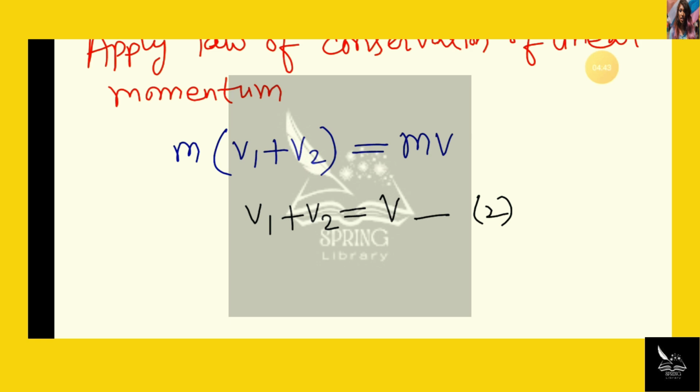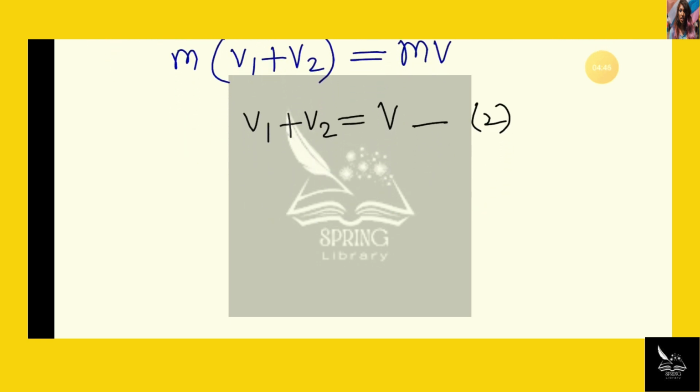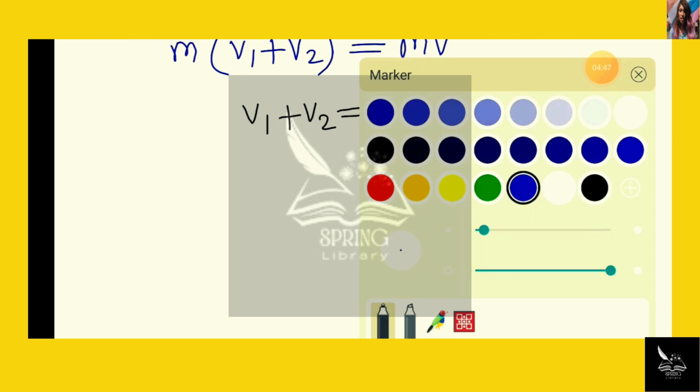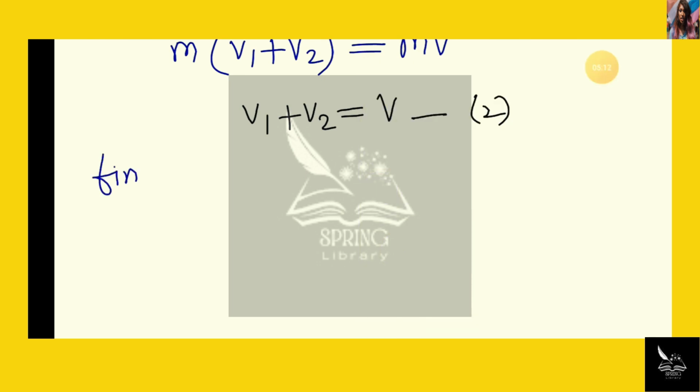Now next step is, in the question there is a condition given, that is final kinetic energy, or kinetic energy after collision, is equal to 3/4 of original kinetic energy, that means 3/4 of initial kinetic energy.